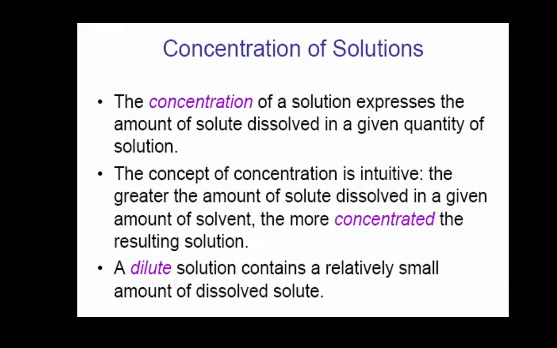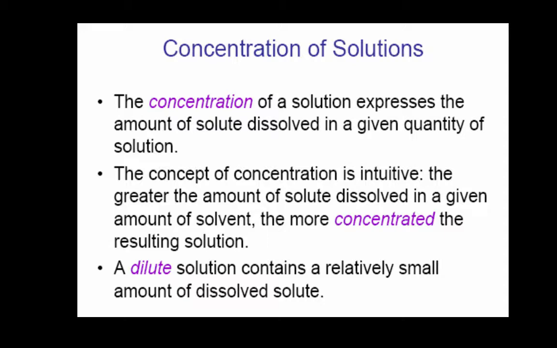All right, so when we talk about solutions, we can measure how much solute is in there based on what's known as concentration. The concentration of a solution tells us the amount of solute per solution. We can talk about a dilute solution, which means there's a very small amount of solute, or a very concentrated solution, where there's a large amount of solute.